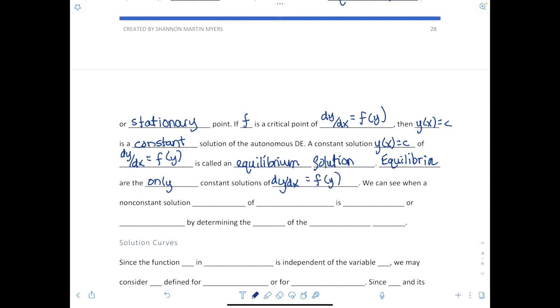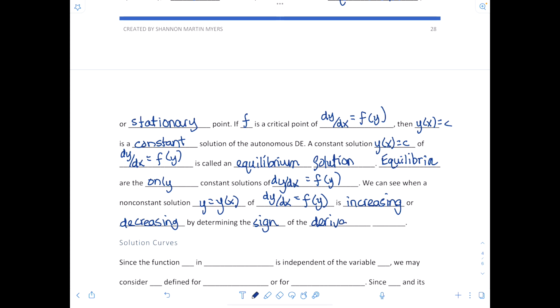We can see when a non-constant solution, which would be in the form y equals y at x of this same guy, dy/dx equal to f of y, is increasing or decreasing by determining the sign of the derivative, dy/dx. Don't worry, we'll have an example of all this stuff coming right up.